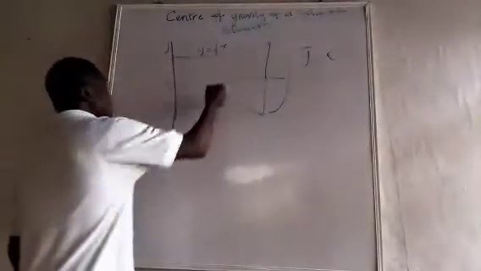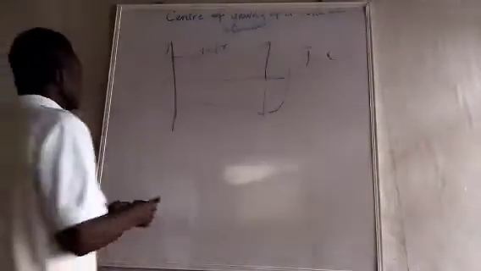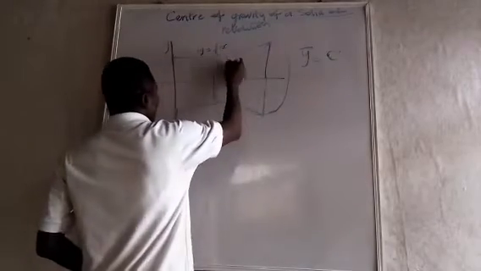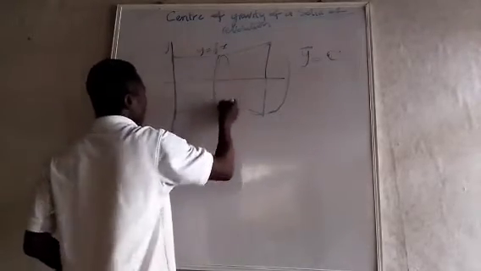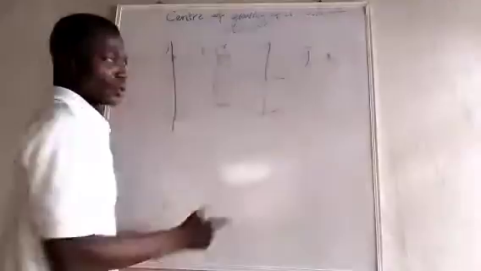Now, we want to find the center of gravity along the x-axis, like we did for the plane shape the other time. That was not rotated, but this one is rotated.